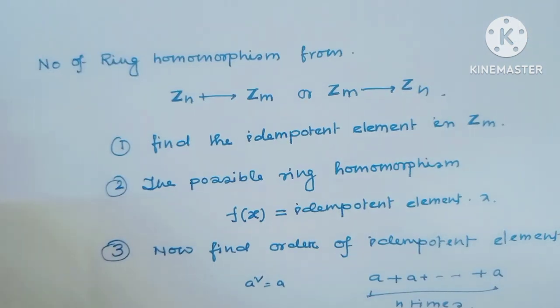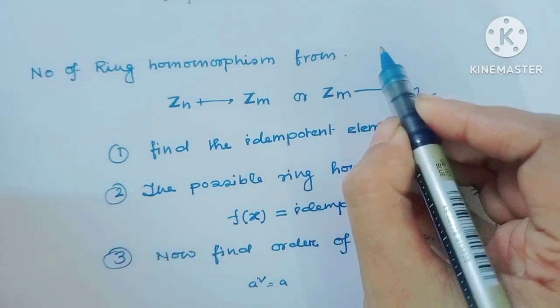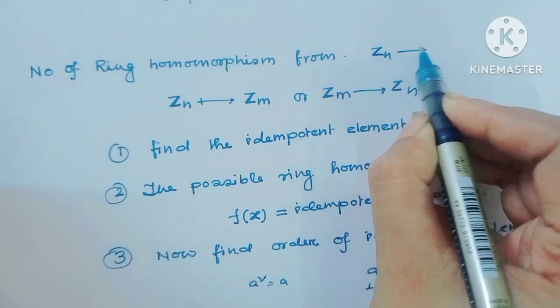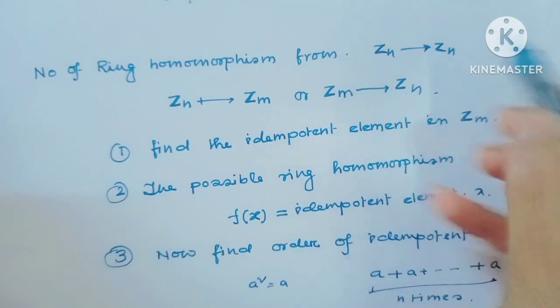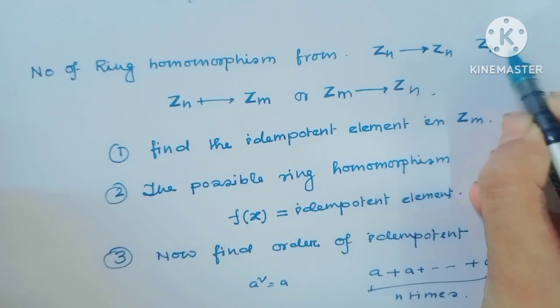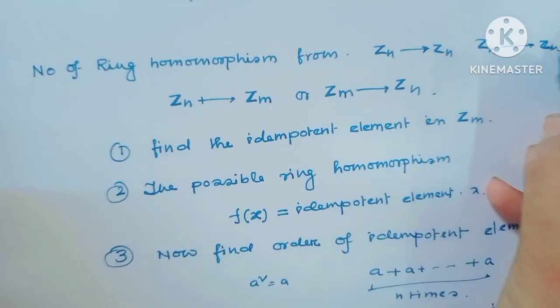Now, a few minutes ago I saw the number of ring homomorphisms from Zn to Zm where m divides n.